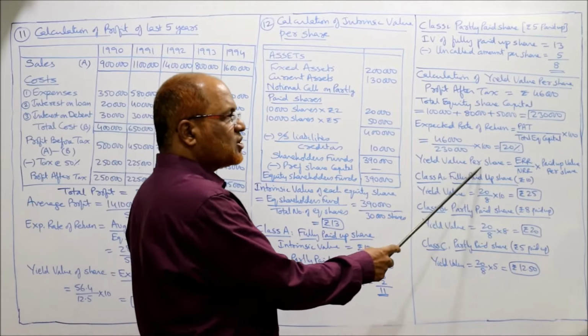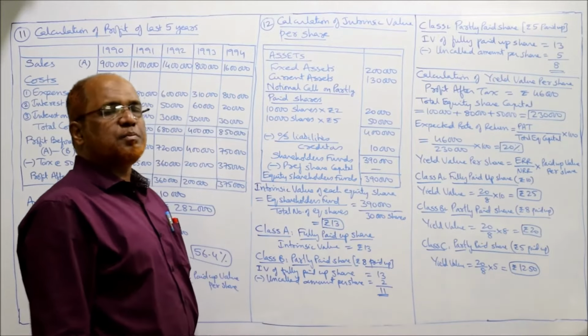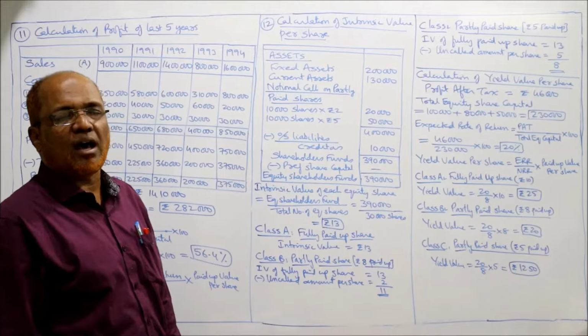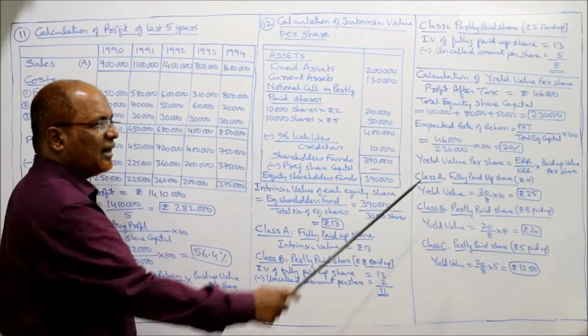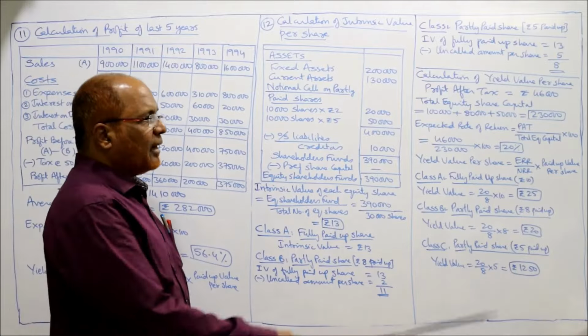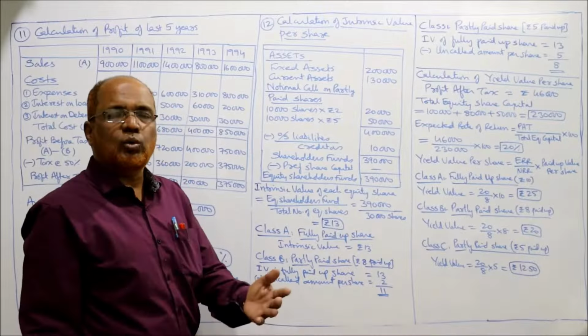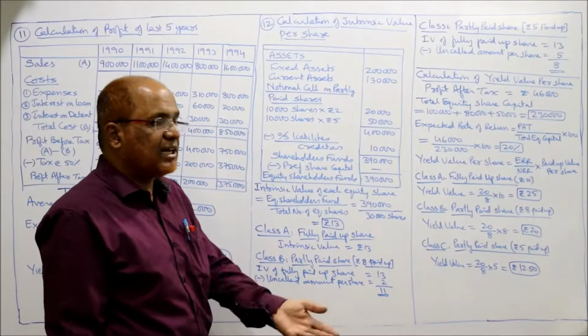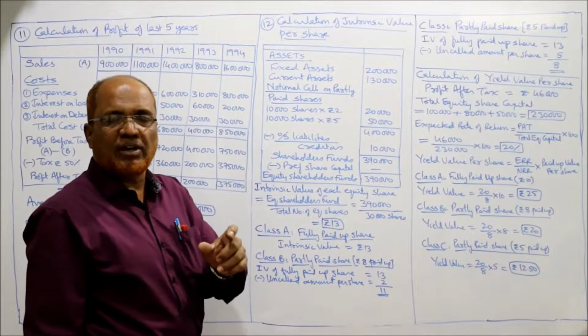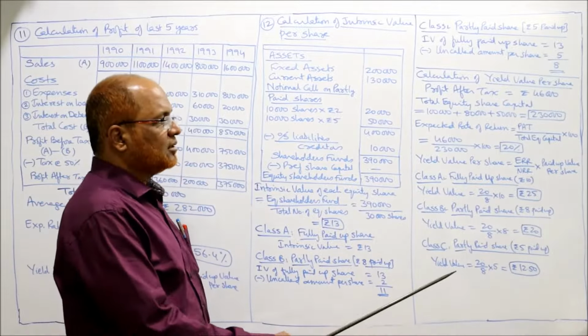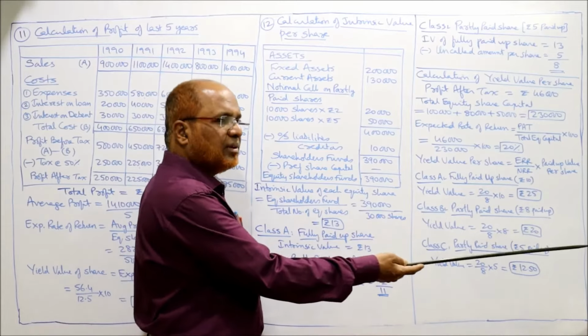Now yield value per share का फॉर्मूला ERR, expected rate of return divided by NRR, normal rate of return into paid up value per share. अब ERR अभी मालूम कर लिए 20%, NRR प्रॉब्लम में दे दिया 8%. In the problem it is given normal rate of return 8%. और paid up value it is given in the problem.